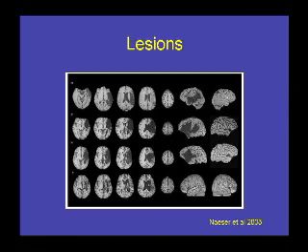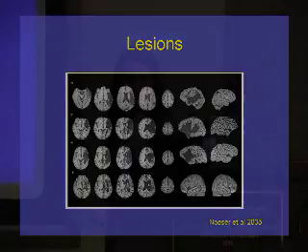The first 3 are similar, with damage to the traditional Broca's area, whereas for the final one, the damage seems to be mainly subcortical. The 4th patient is the one with the most severe aphasia, the global.